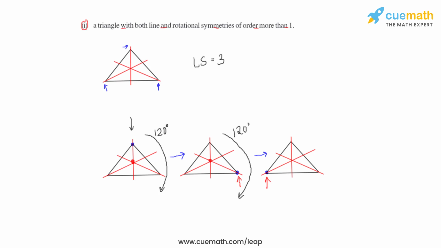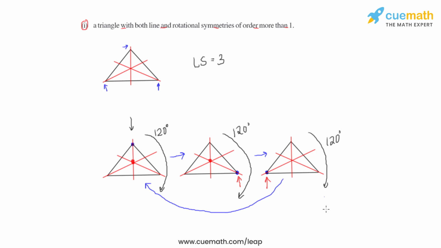Now again, if this figure is rotated by 120 degrees, we'll get back to the initial figure itself, because that's where the blue tip is going to be, where it is in the initial figure.